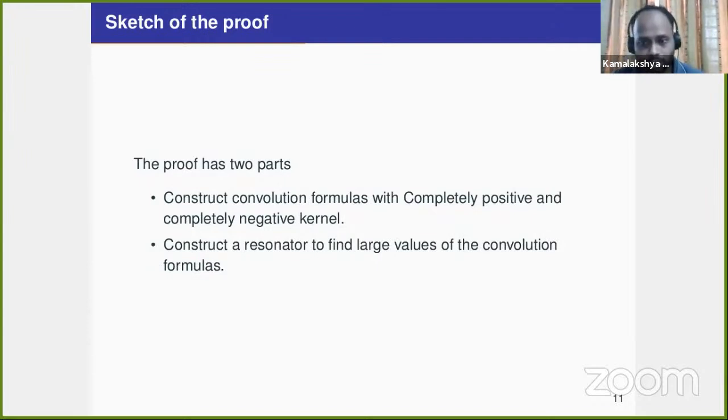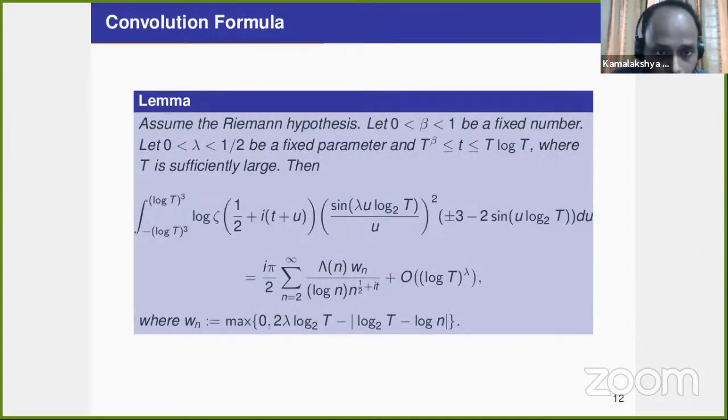Okay, so let's talk about the convolution formula. Here it looks like it has too many terms, but let's try to understand this. This is a convolution formula for log zeta on the half line, 1/2 plus it.